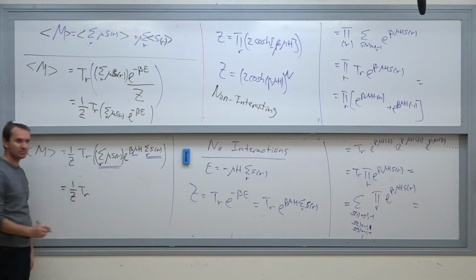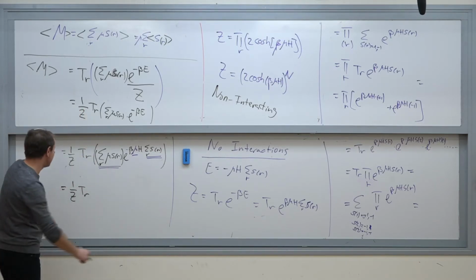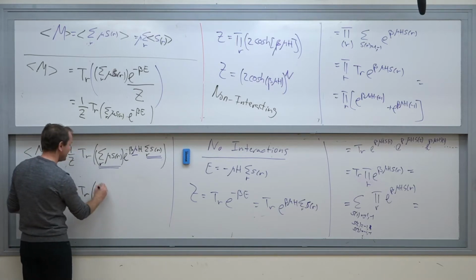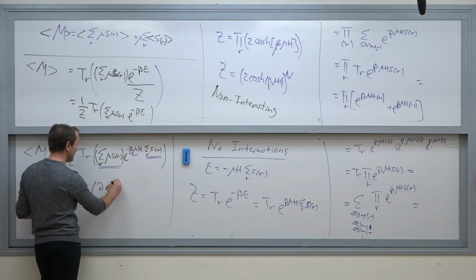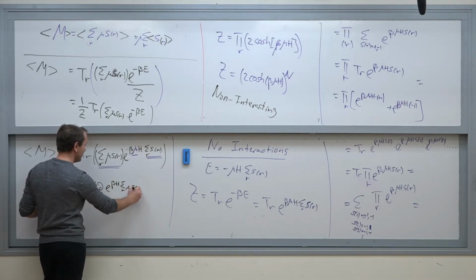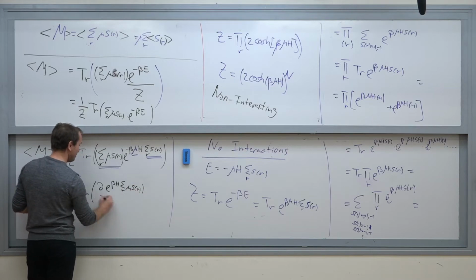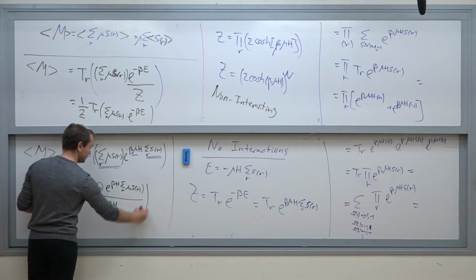So only this multiplication, I can write down as 1 over Z. This trace is basically a summation for me. I just sum over all the states. And here I have d of e to the power of beta h sum over r of mu s_r by d beta h.